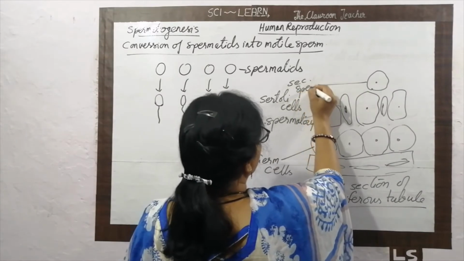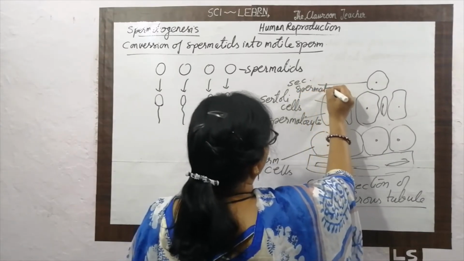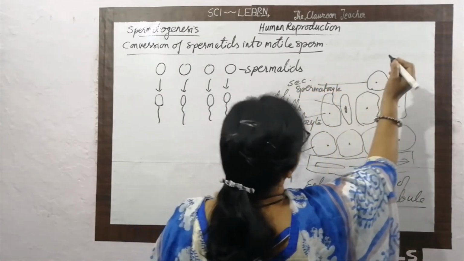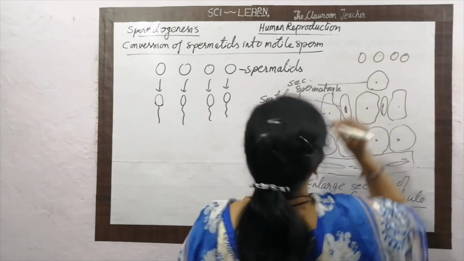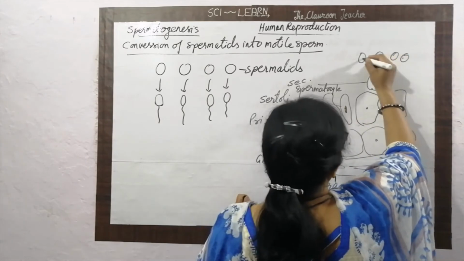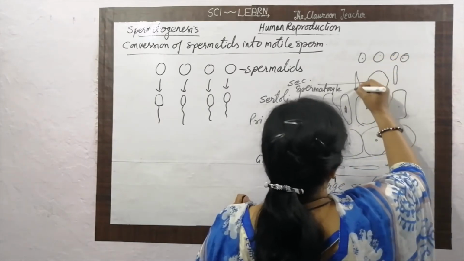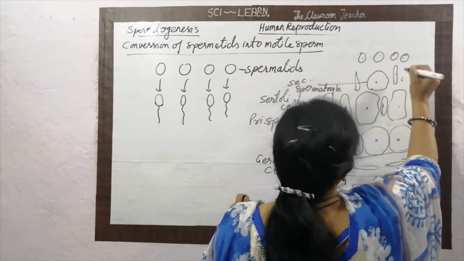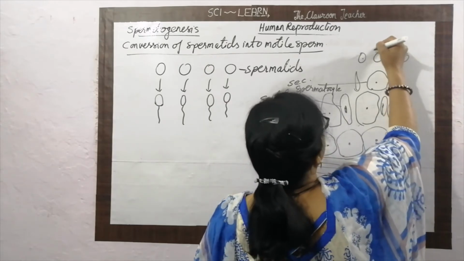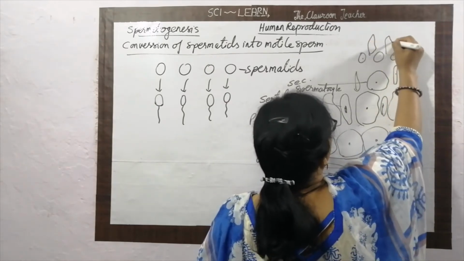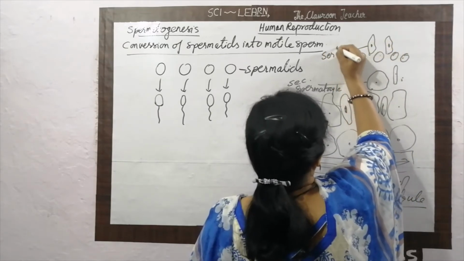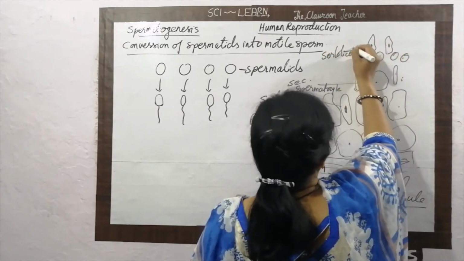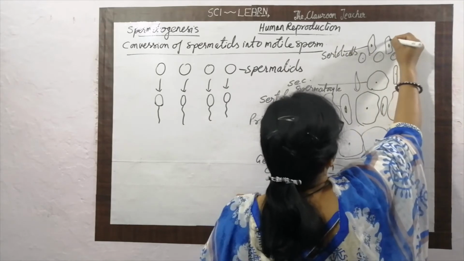This secondary spermatocyte forms the spermatids. All the cells are here only. And this spermatid gets converted into sperm. This is the Sertoli cell. Now what happened with this sperm?